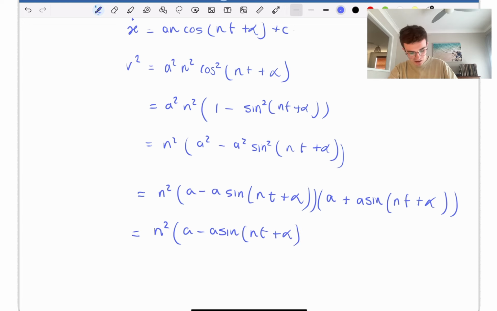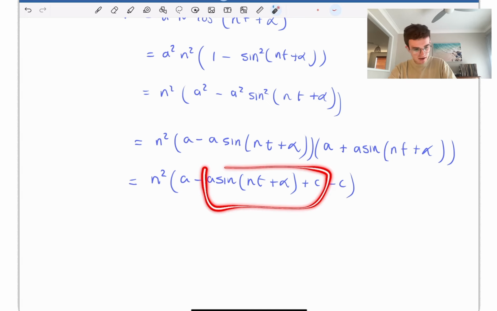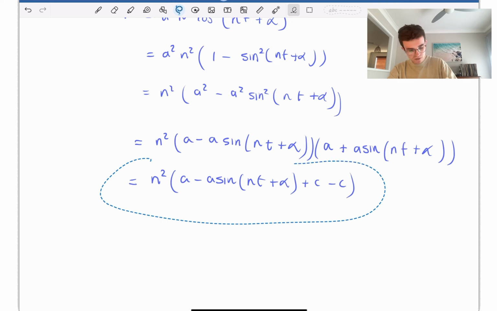But then we need a plus c and minus c because we want to try and replace it with x. So now this is x here. Let's do that to the other side as well.